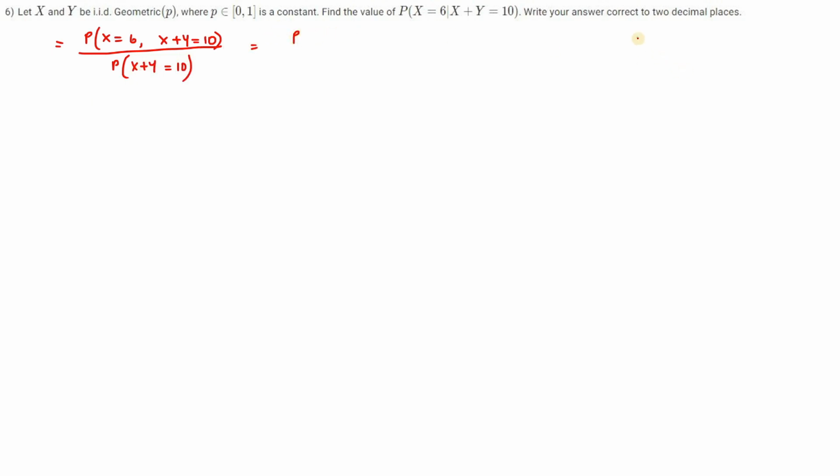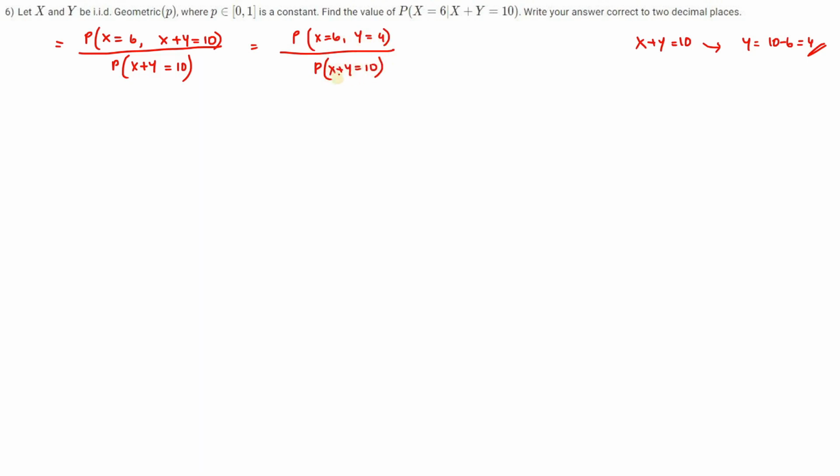We know that x plus y is equal to 10, and they have also said that x is 6, so what should be the value of y? y should be 10 minus 6, which is 4. So I'll write this in terms of y, which is x equal to 6 and y equal to 4, whole divided by probability of x plus y equal to 10.